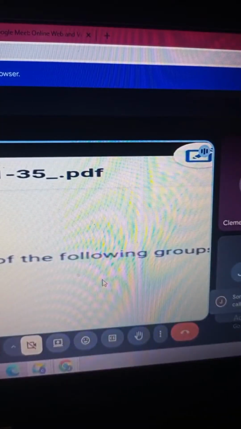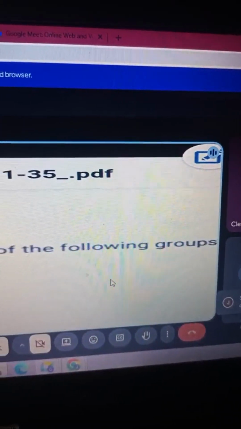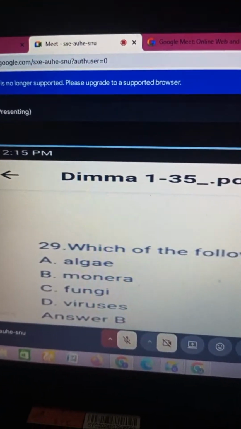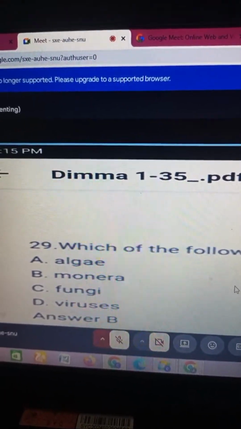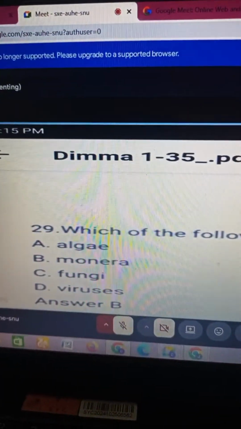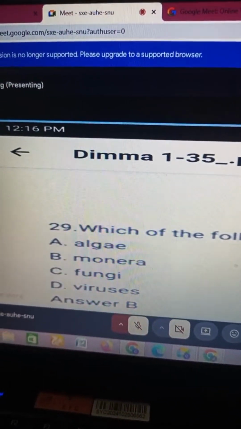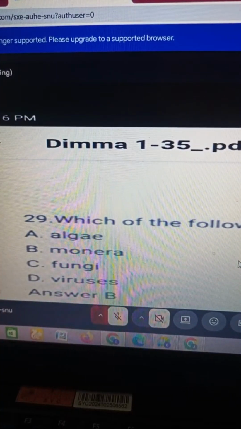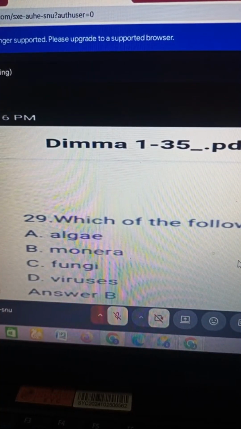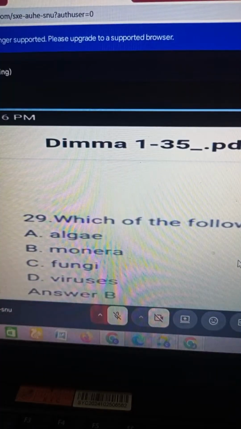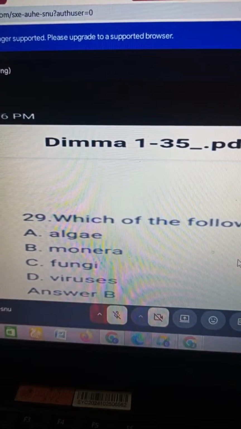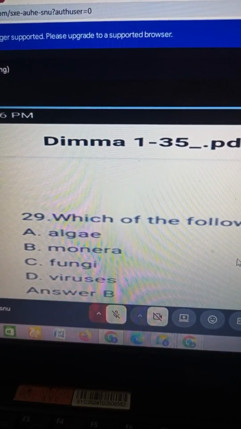Number 29. Can somebody read? Let me find out whether you can really see this. The person that claims that you can see, please do this. Okay, one person. Wonderful.